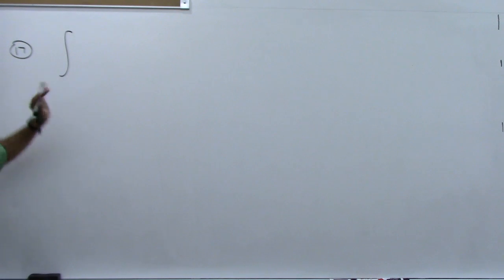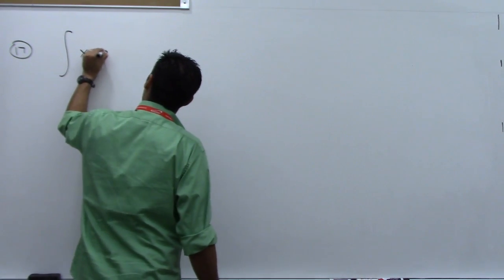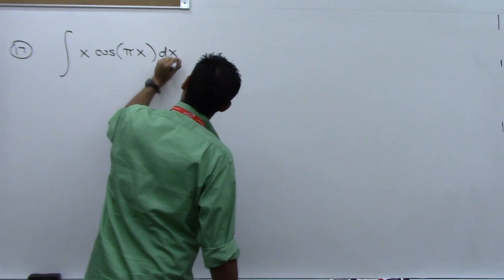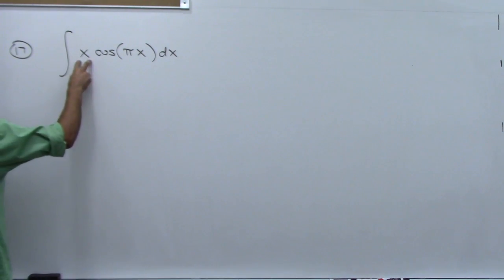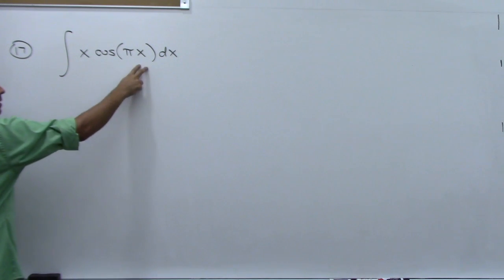So in the problem in the homework assignment, it has numbers here, and I'm saying to ignore those for now. We've got x cosine pi x dx. So this one, all I need to realize is that if I let this be u, the derivative of that is going to be a 1 or a dx. And I can find the antiderivative of that.